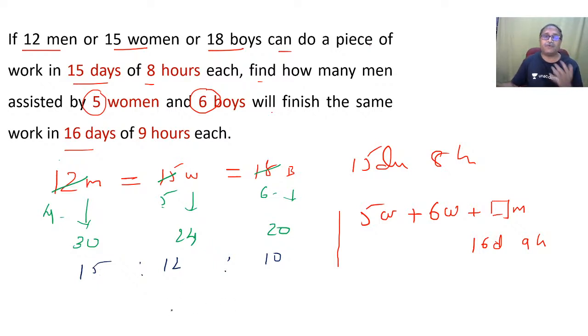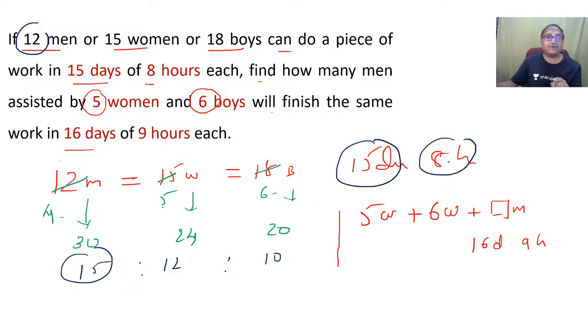Now what is the work volume which will be done by these people? I will consider the work volume with men. 12 men, each man has 15 efficiency, and they take 15 days to complete the work, working 8 hours a day.